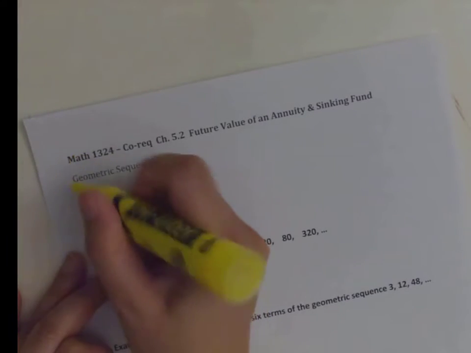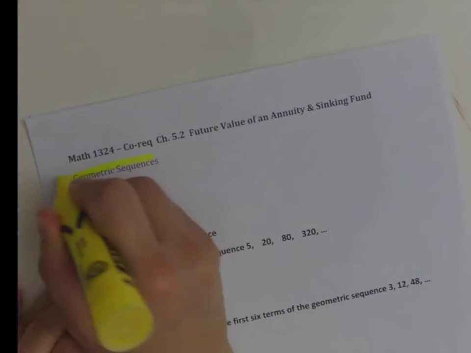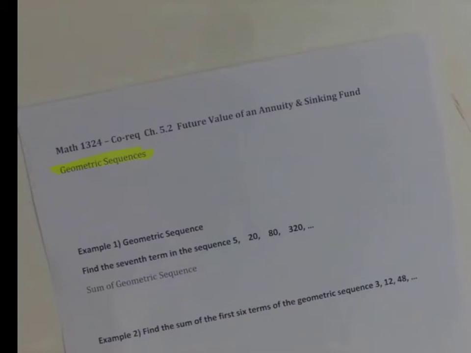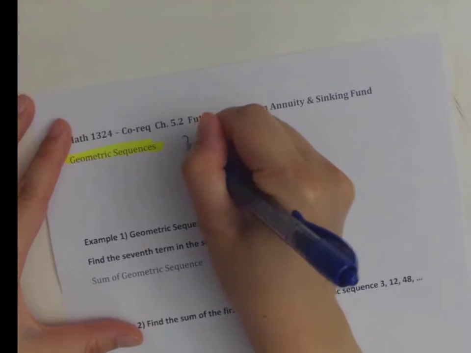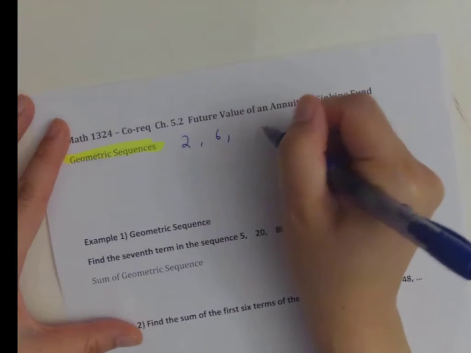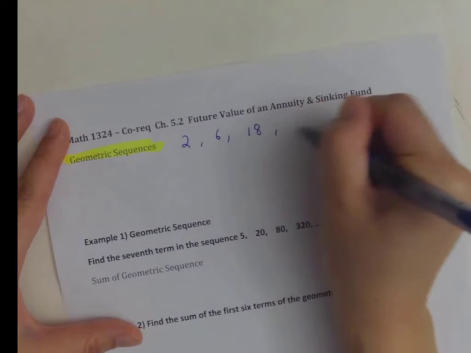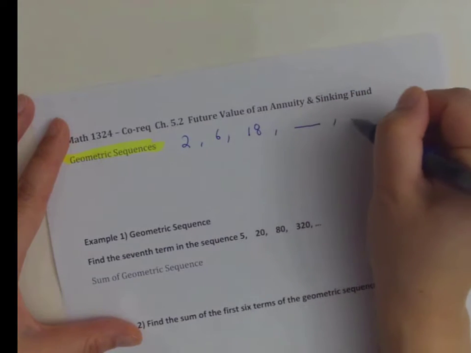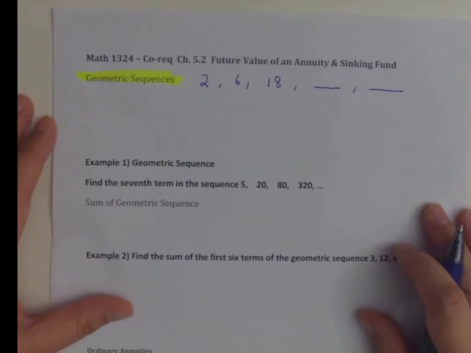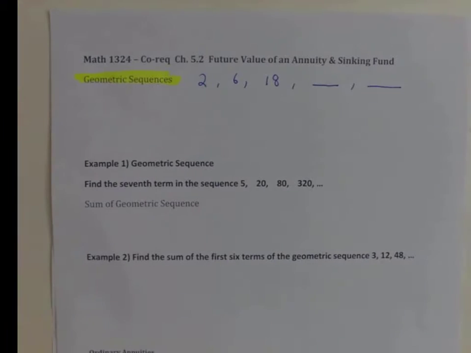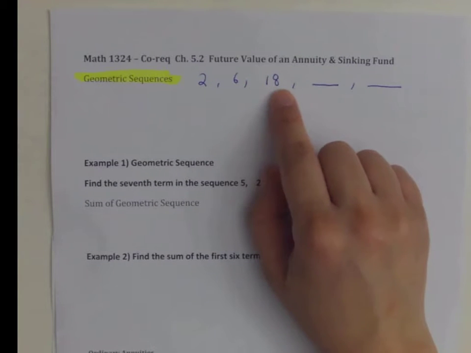So a sequence that is geometric may look something like this. We can have 2, 6, 18. If I ask you to find the next two numbers, what do you think they will be? From 2 to 6, I could add 4, but if I add 4 to 6, I don't get 18, right?